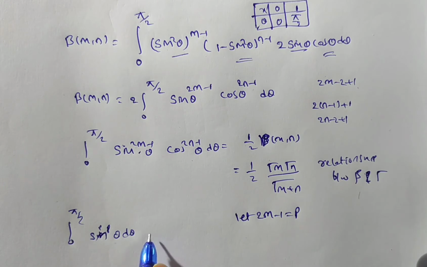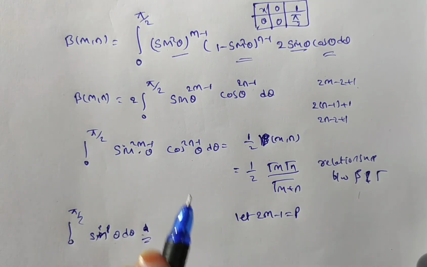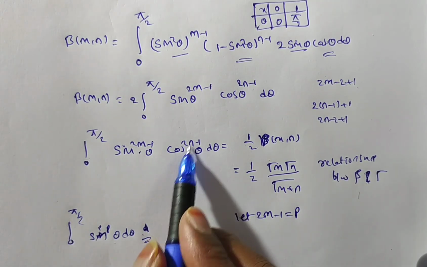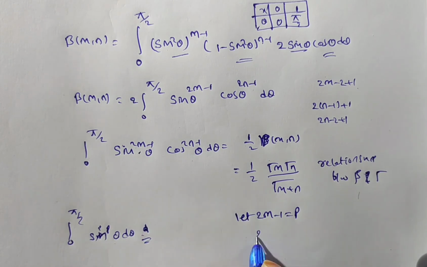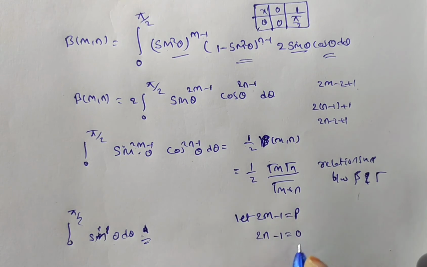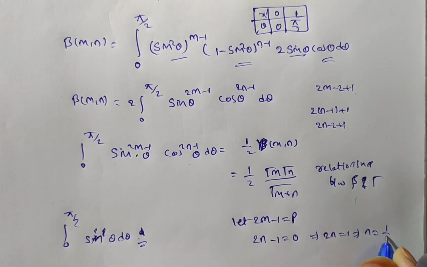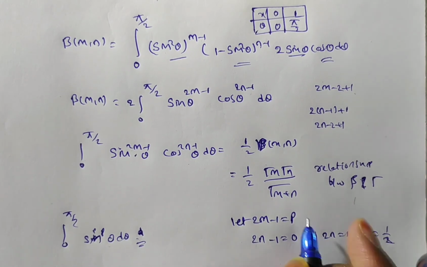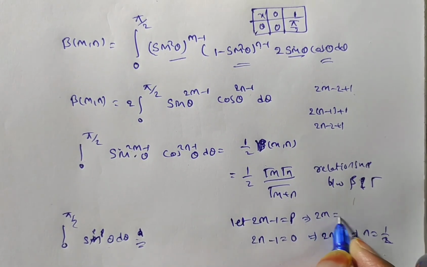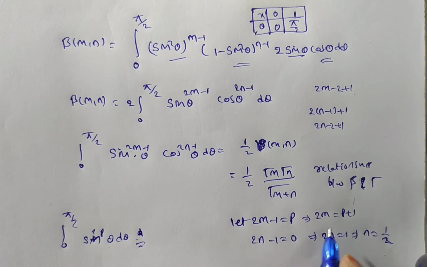Next, is there a cos term here? No cos here. Cos power 0 is nothing but 1 only. So when you remove this cos term, 2n minus 1 is equal to 0, that is 2n is equal to 1, which implies n is equal to 1 by 2. Next, from this 2m is equal to p plus 1. So m is equal to p plus 1 by 2.